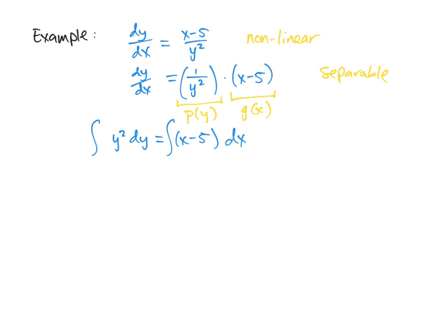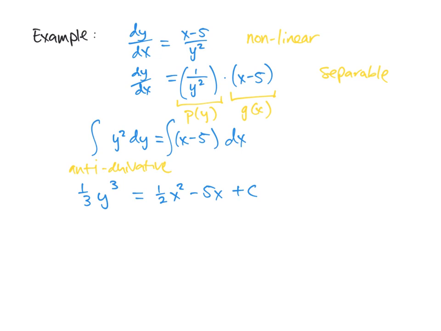These are reasonably straightforward antiderivatives to do. So next we do our antiderivative, and we get 1/3 y cubed equals 1/2 x squared minus 5x plus c.